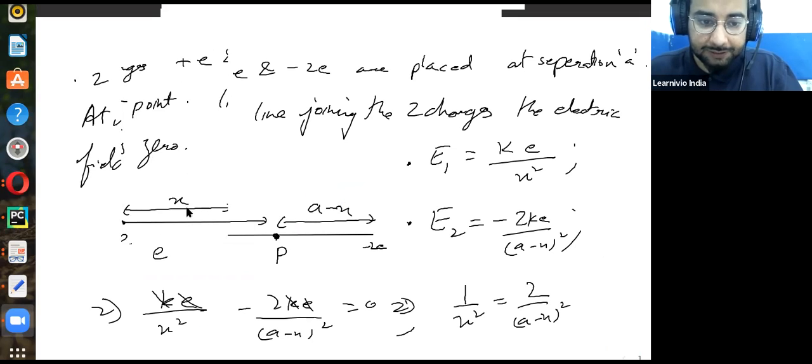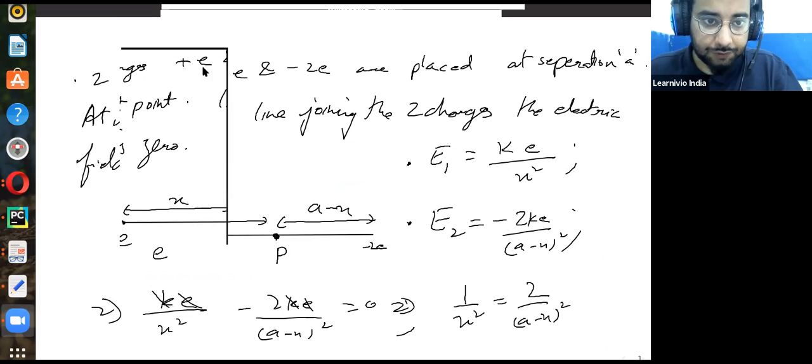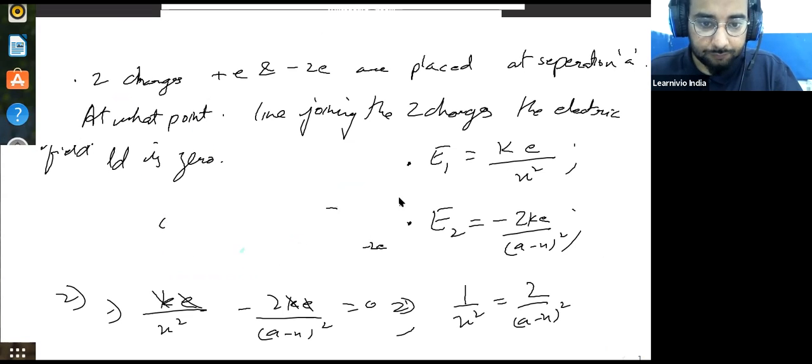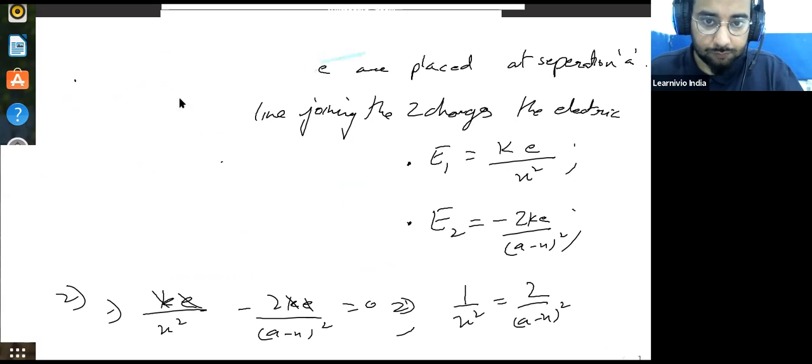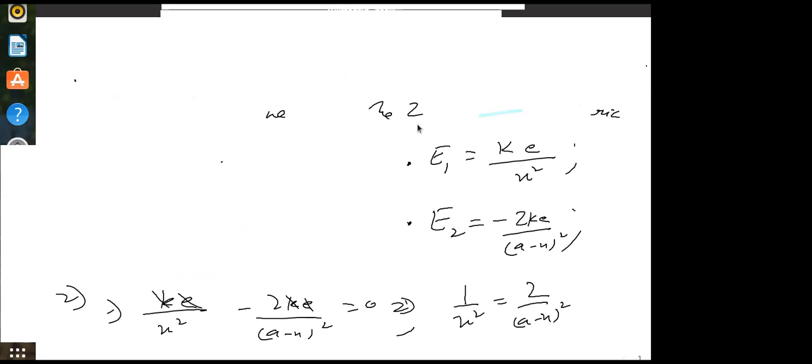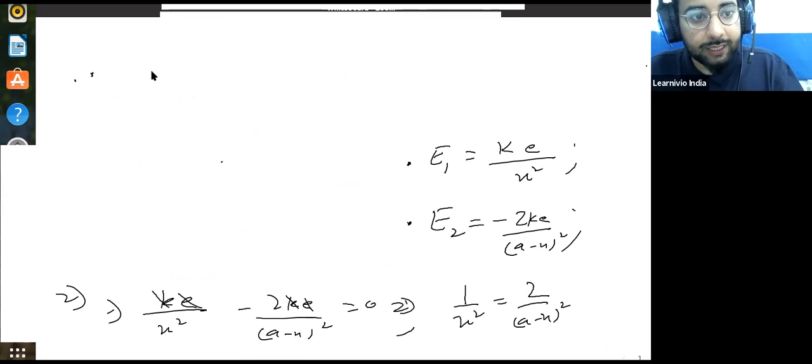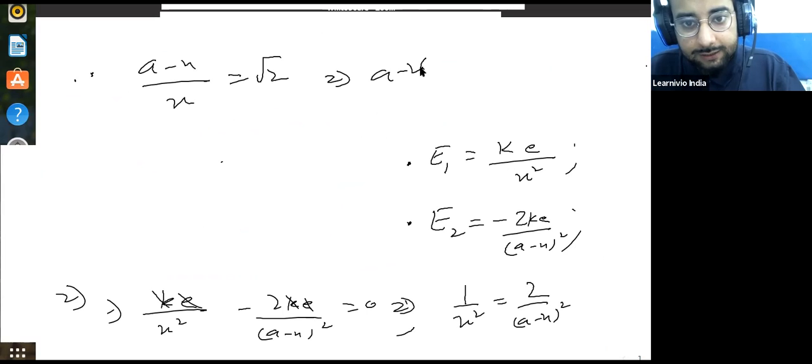Now simplify this further. And what do we get? Well, we get (A minus x) over x is equal to square root 2. This implies A minus x is equal to x root 2.